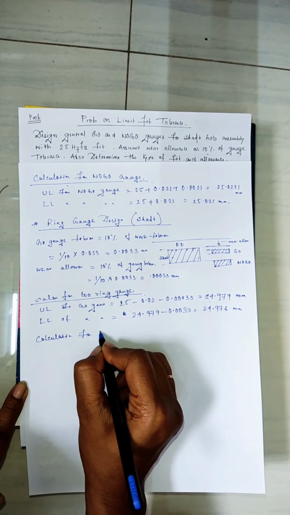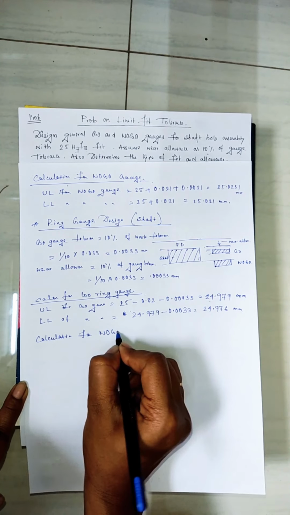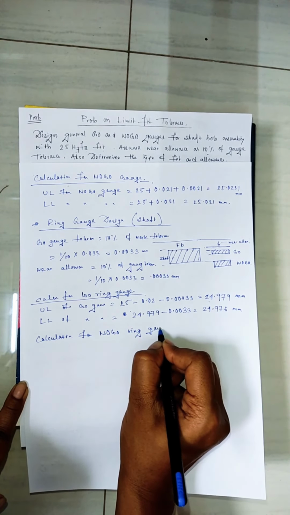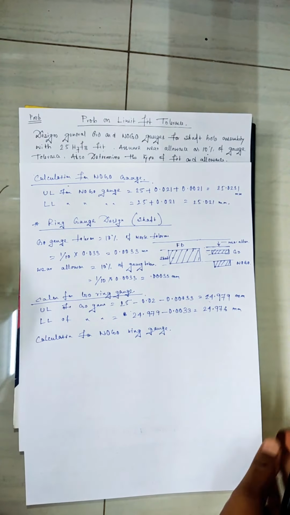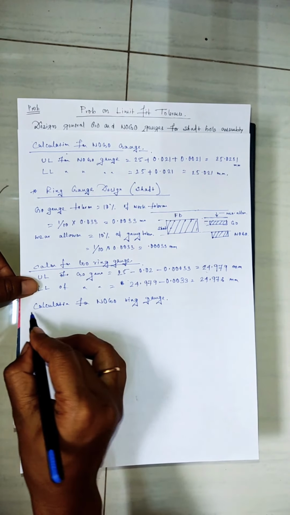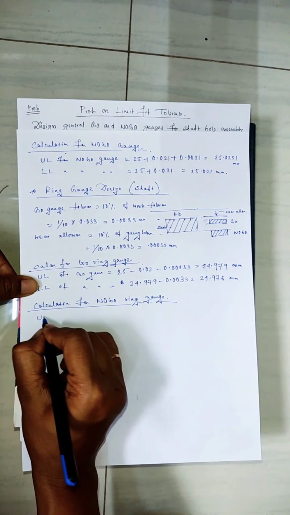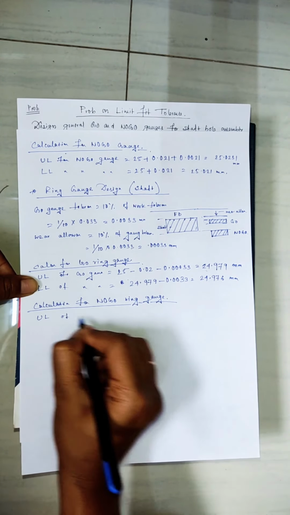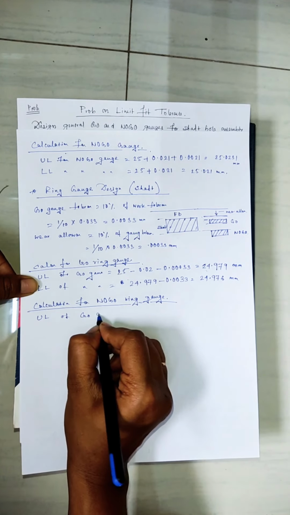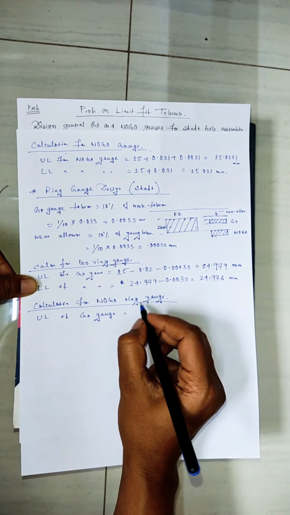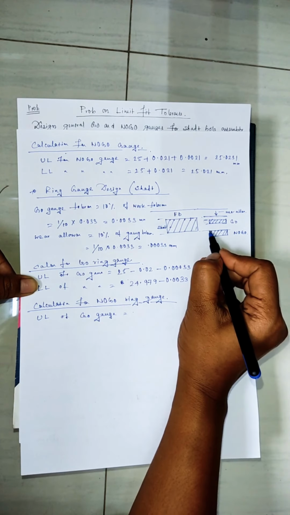Next, calculation for no go ring gauge. So the upper limit of no go gauge is this value.